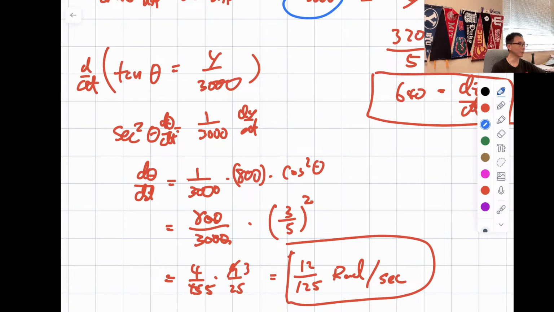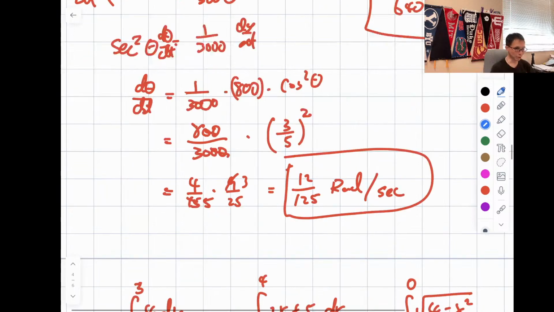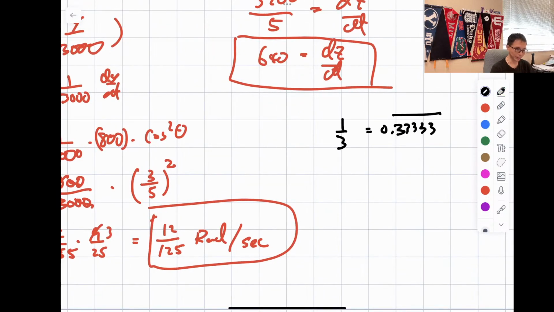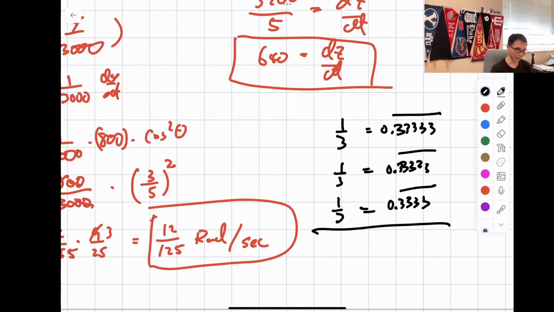With a related rates question, at least, it is all fractions. Fraction is much better. Irrational in this case is approximation, so it's not an exact answer.